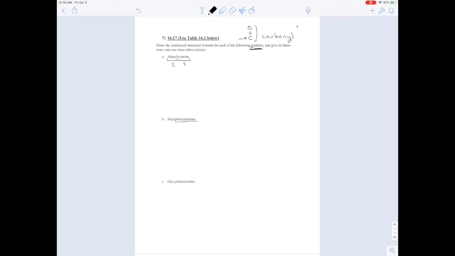Okay, for every amino acid, you're going to draw a nitrogen, a carbon, and a carbonyl. So we have 2 here, so I'm going to draw nitrogen, carbon, carbonyl. So that's 1. And then nitrogen, carbon, carbonyl.